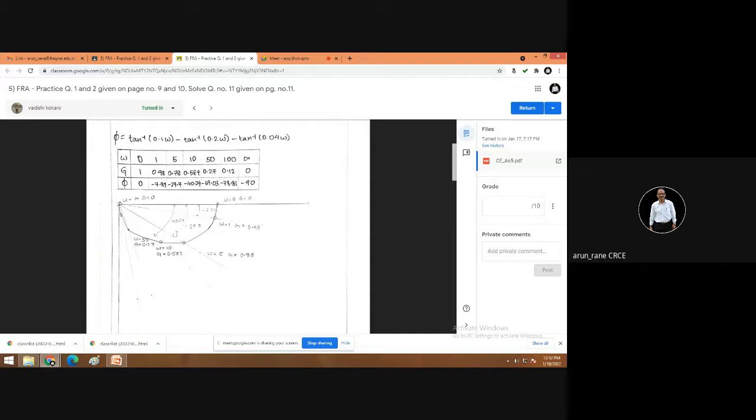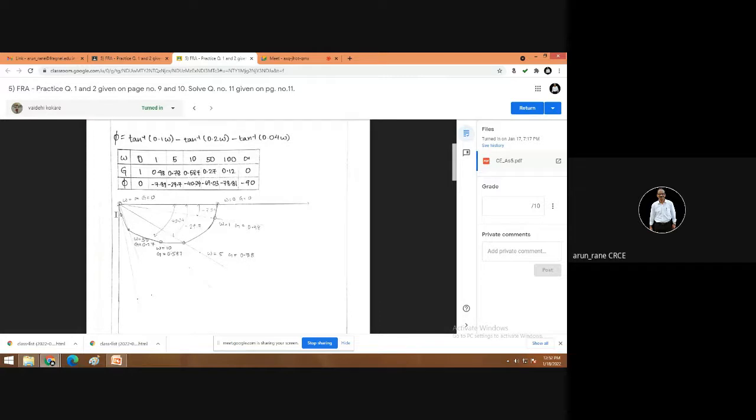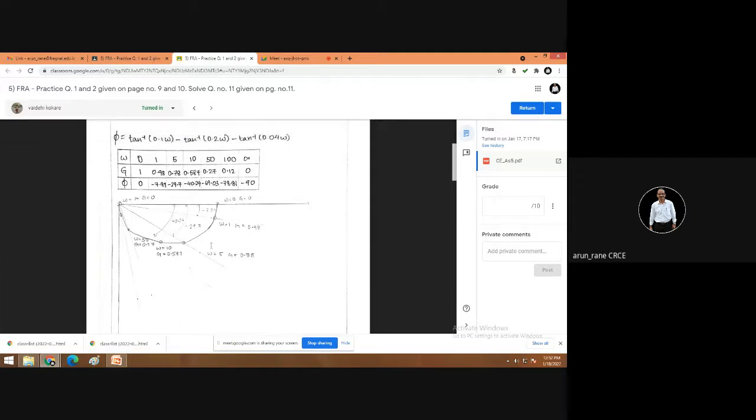Then next on this line you have to mark the value of G, that is 0.78. From here to here this distance is 0.78, less than 0.98, so it is going to lie inside. Write it a little close here: omega is equal to 5 and G is equal to 0.78.